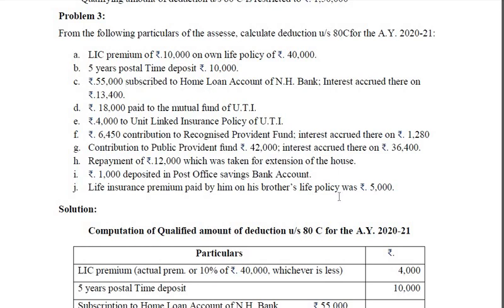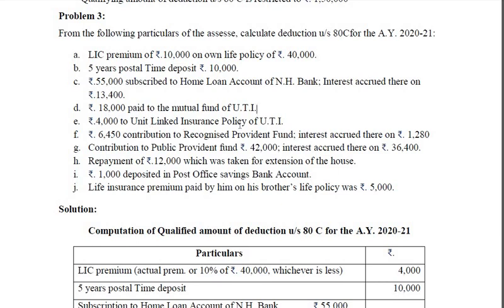55,000 subscribed to home loan account of National Housing Bank, so entire principal amount is qualified. Further interest accrued thereon is also qualified. There will be 18,000 paid to mutual fund of UTI, that is qualified.